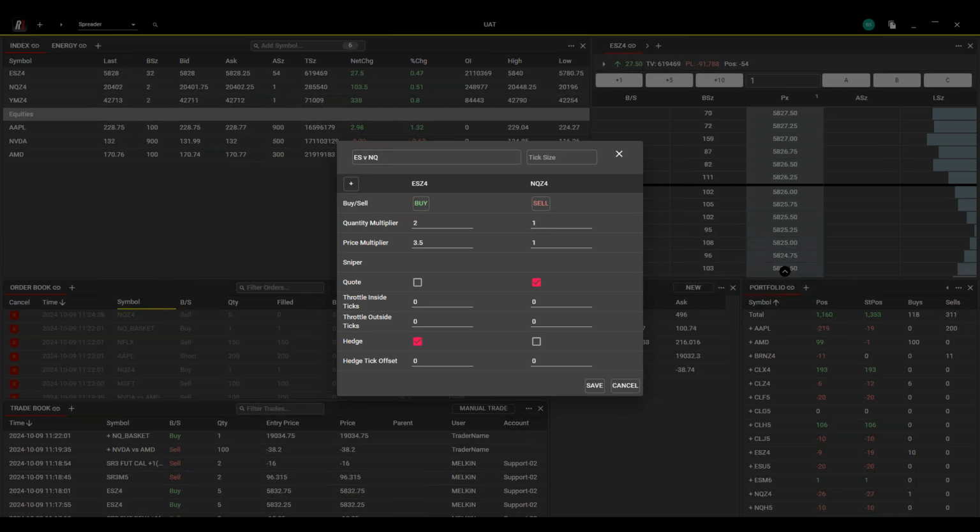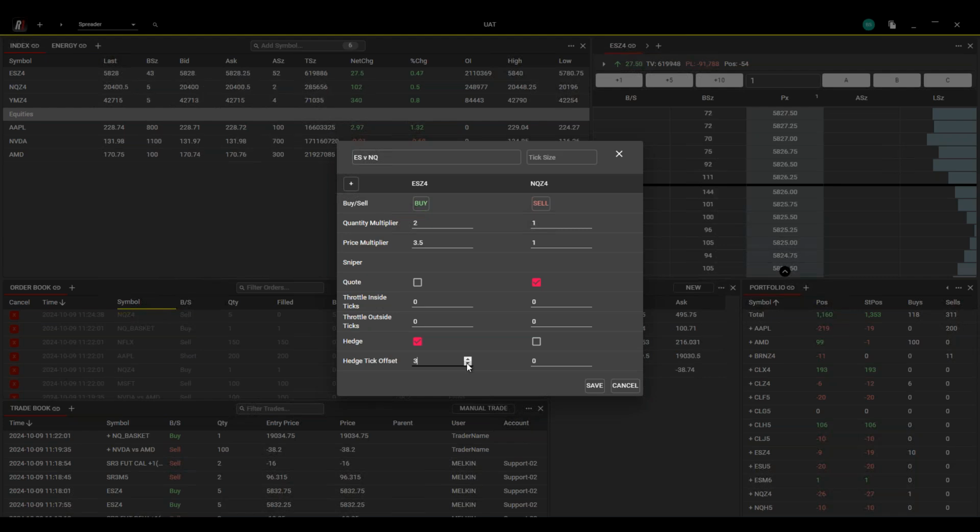Finally, the last line here, the hedge tick offset. This can also be thought of as pay up ticks. If you are willing to give up a tick in order to get a fill at or near your desired price, you can set this to pay up 1 tick, 2 ticks, 3 ticks. We do know, of course, the tick size for each contract.